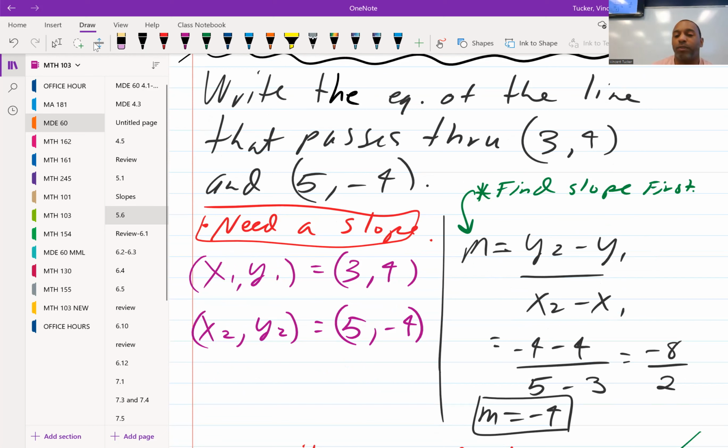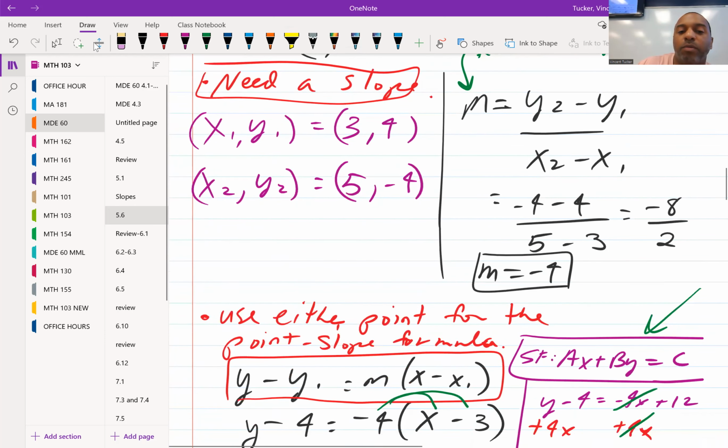So that will give us -8/2, and that will reduce down to -4. All right. That's the first part.